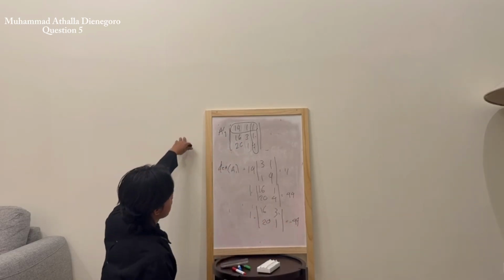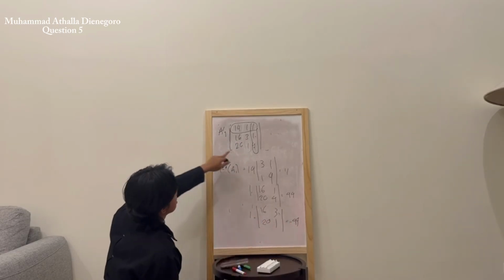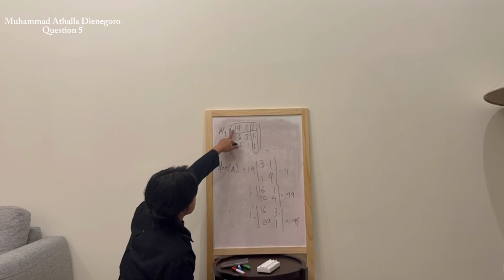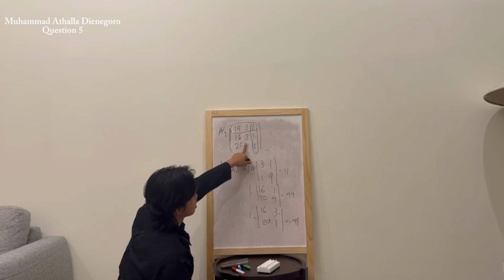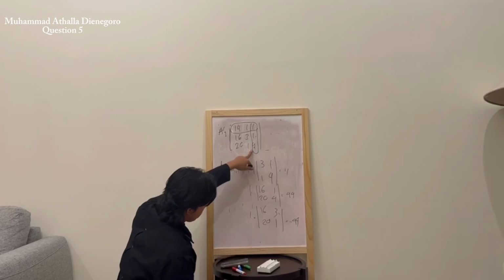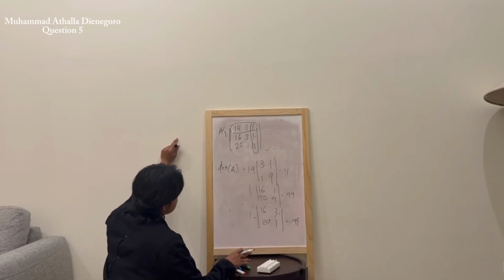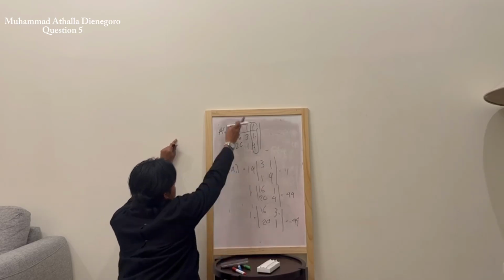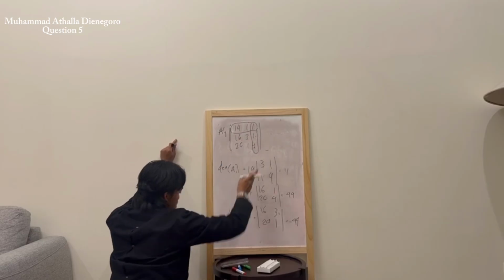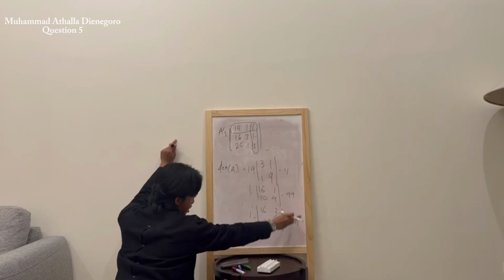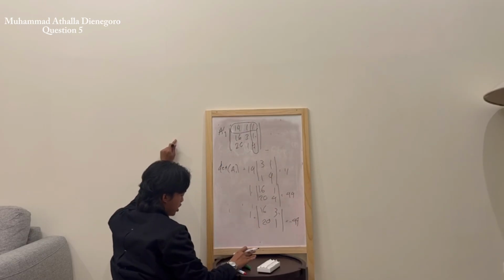We have to do this 3 times: the first one in the first column, the second one in the second column, and the last one in the third column. With the same formula, we block the first one, then the second one, and then the third one, until we get these numbers, so we can calculate it.